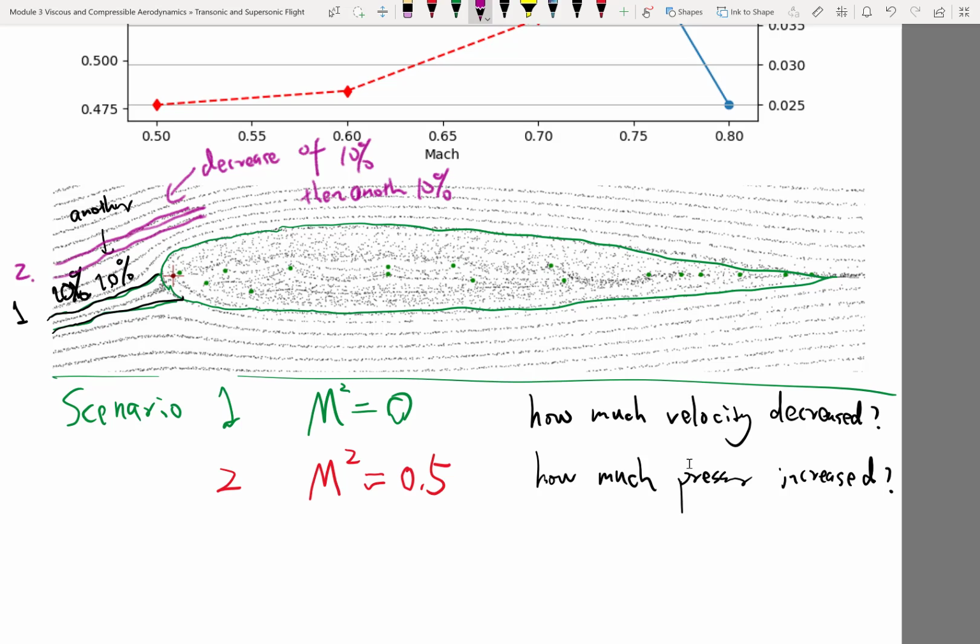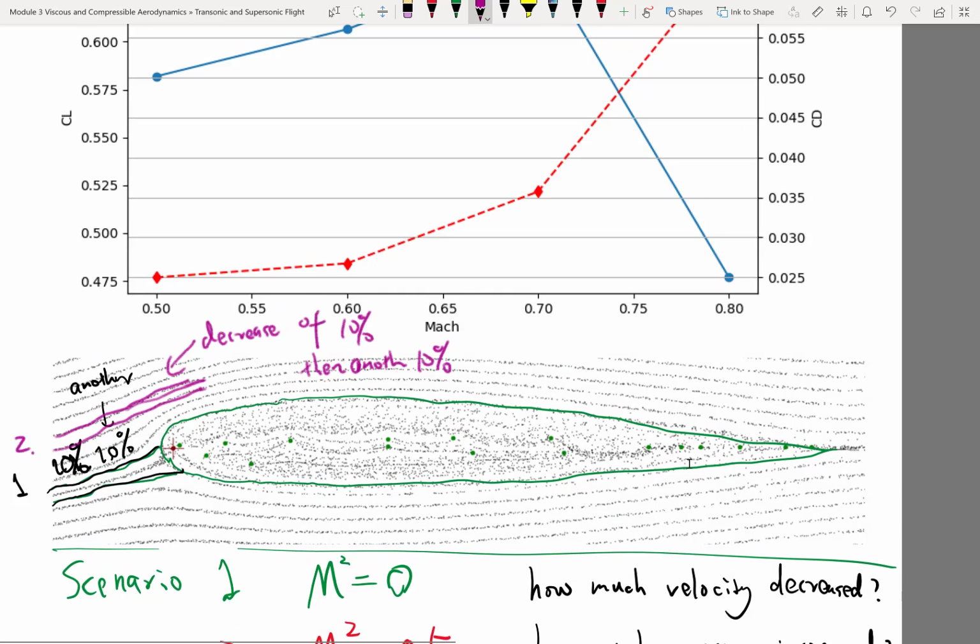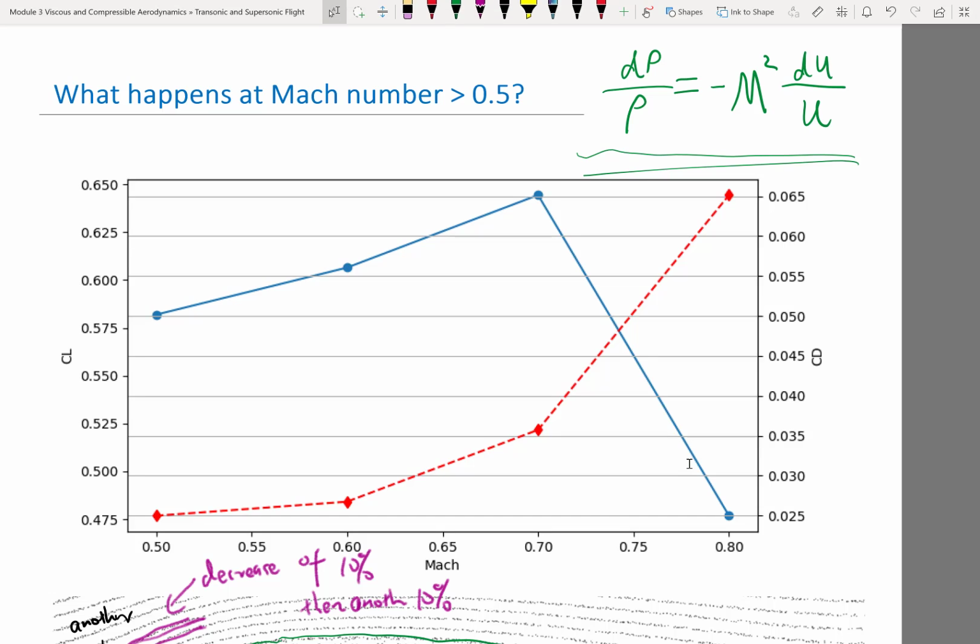Really what I'm asking is 8 questions, because there are 2 scenarios with 2 different Mach numbers, and 2 different stream tubes, one expanding, one shrinking. For each Mach number and each stream tube, I'm asking 2 questions: how much velocity has changed and how much pressure has changed. Use fractional sensitivities like this. And of course, you have other fractional sensitivity equations. For example, U times the area times the density is equal to a constant because of conservation of mass.